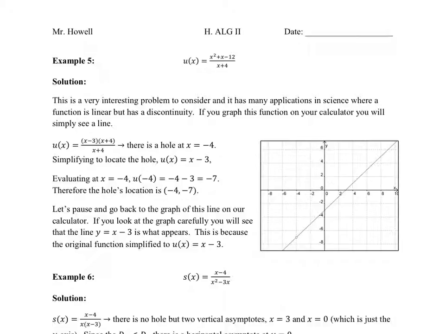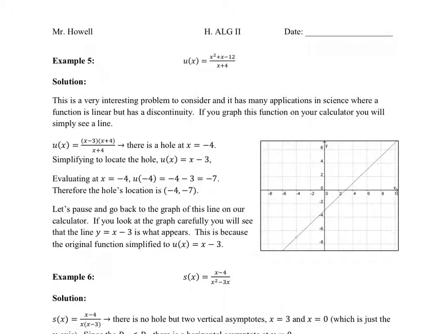Correct. Now, you also recognize that the degree of the numerator is greater than the degree of the denominator. So it may be tempting to find a slant asymptote here. But if you did attempt to find one, it would just be x minus 3, which is the simplified function we got.